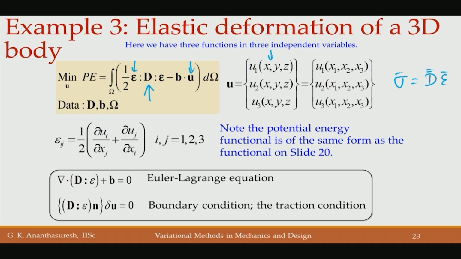We are defining what U is, and we can write the Lagrange equation. When you write it, you get this familiar thing that we use in mechanics of solids when you look at a continuum, and the boundary condition would look like this.